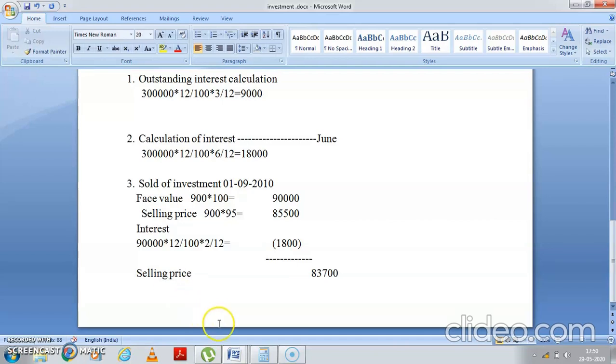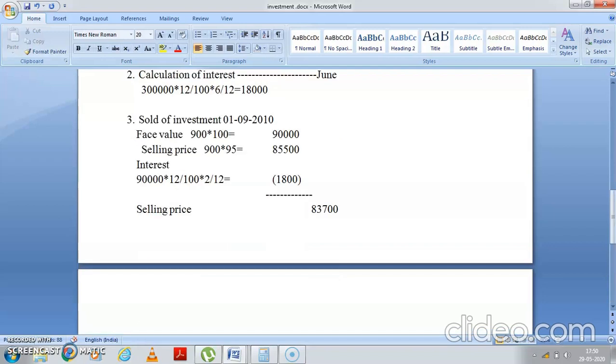Okay, students. Now I have told you, whenever there is a sale, one more thing comes along. And what is that? Then you now have working note number 4, that is calculation of profit.